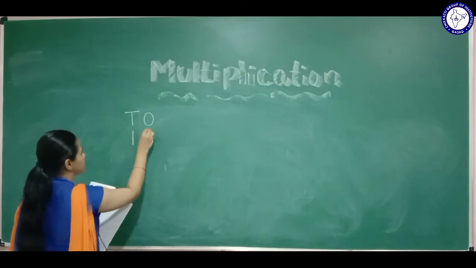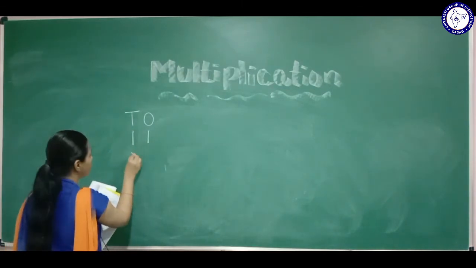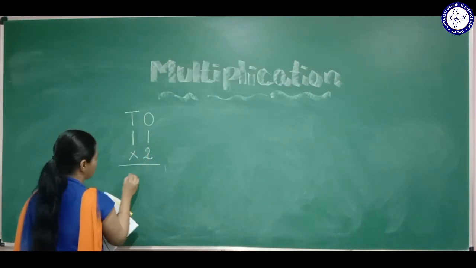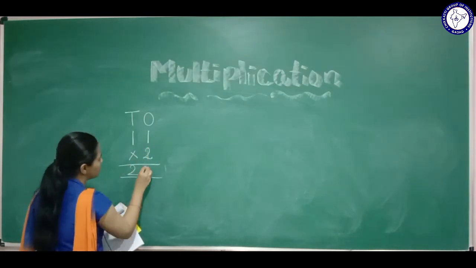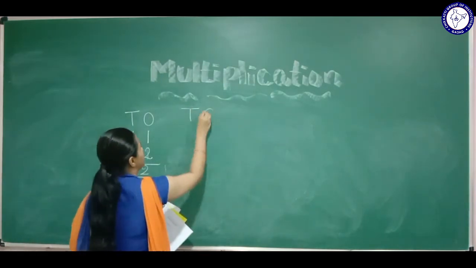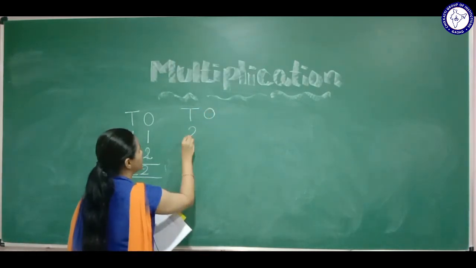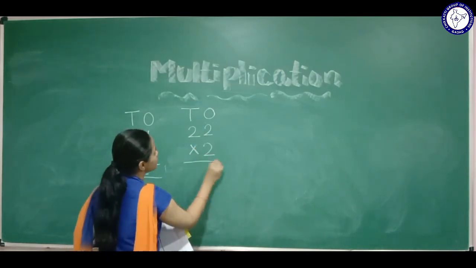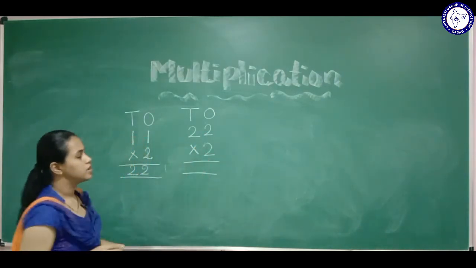The same example I took. So here, sorry, we got the answer 22, okay? 22 into 2, okay? So let's do this.